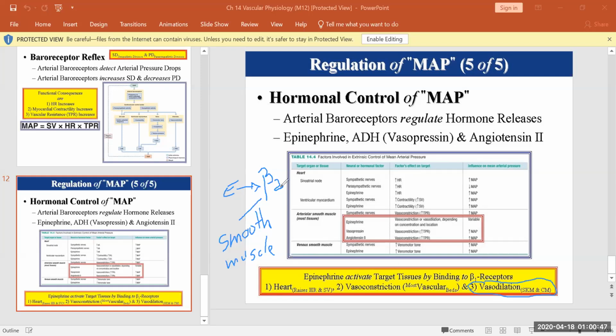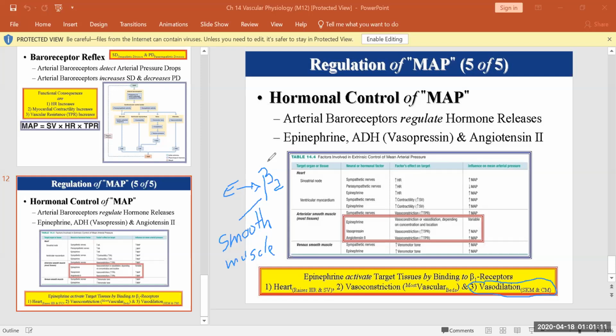Again, these beta-2 receptors are on the cell or plasma membrane of smooth muscle cells that are within the wall of blood vessels. And these blood vessels are perfusing skeletal muscles and cardiac muscles.